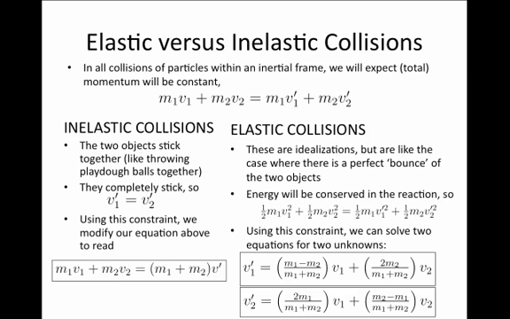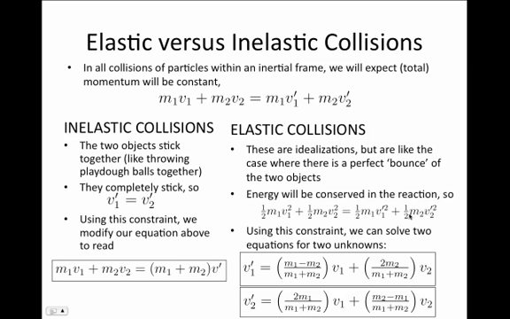In more precise terms, we write that mechanical energy is conserved in such a reaction, and so the total kinetic energy of the system at the end is the same as it was at the beginning, and therefore we can write 1/2 mv squared for the two particles at the beginning equals 1/2 mv squared for the two particles at the end.